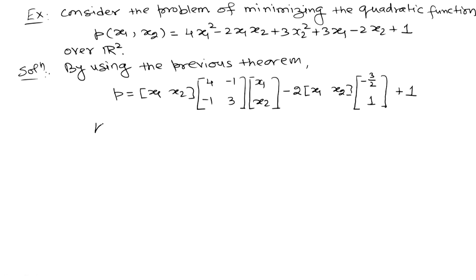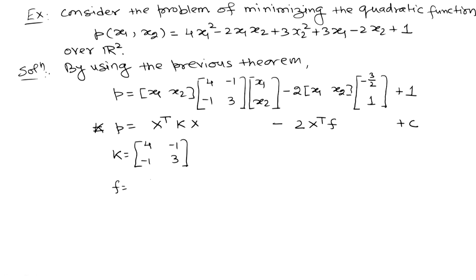So, here if I compare with x transpose K x minus 2 times x transpose f plus c, K is [4, -1; -1, 3], f is (-3/2, 1) and c is 1.